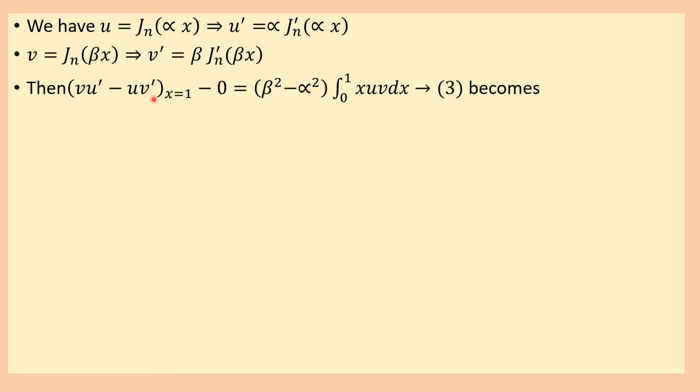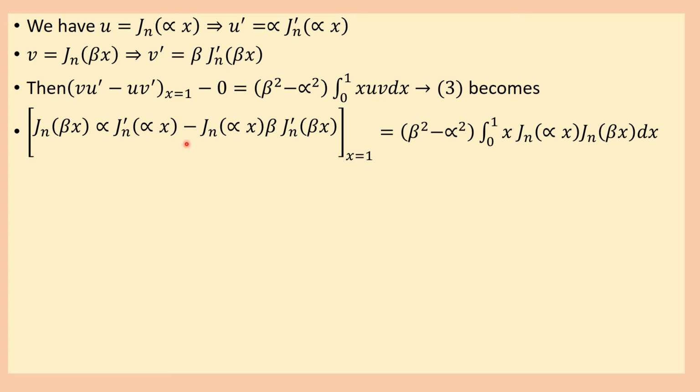Similarly, on the right side, in place of uv we substitute, and we get this expression. On the left side x equals 1, because we have not substituted x equal to 1 in the functions. Right side: beta square minus alpha square, integration from 0 to 1, x Jn of alpha x into Jn of beta x dx.